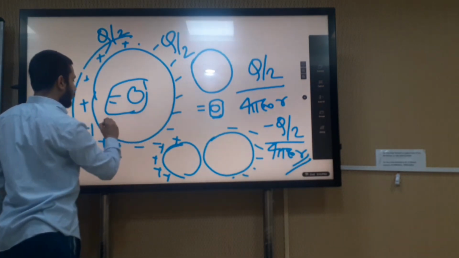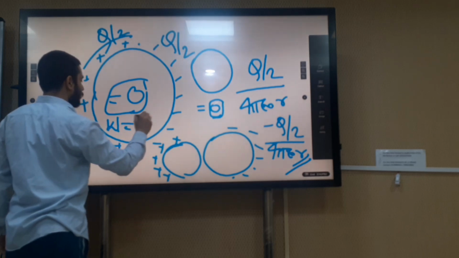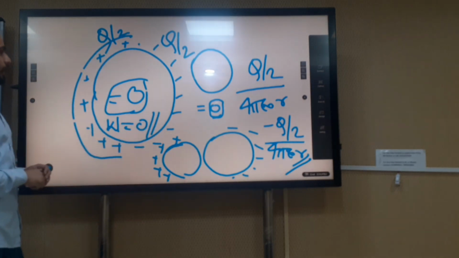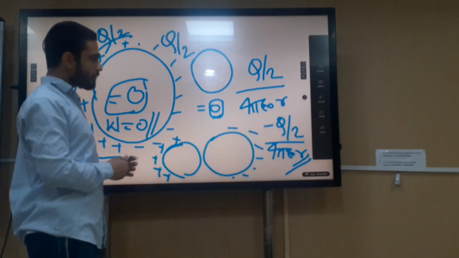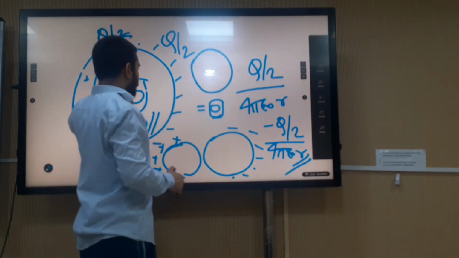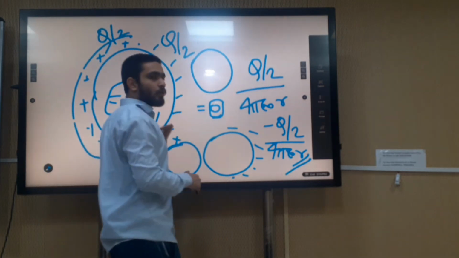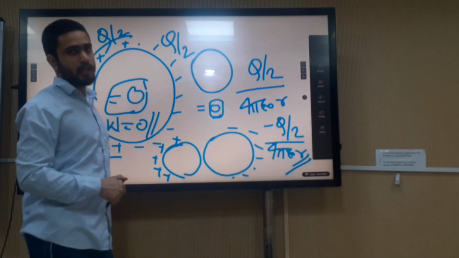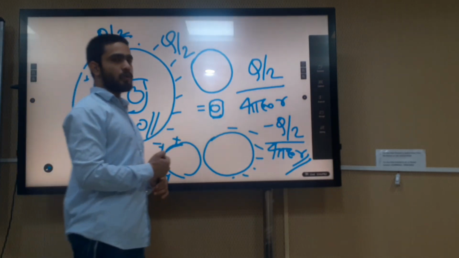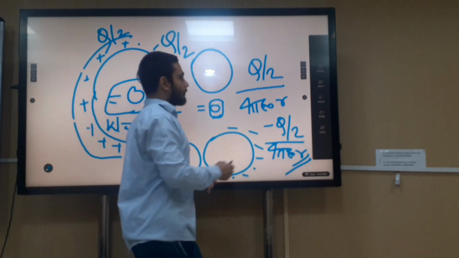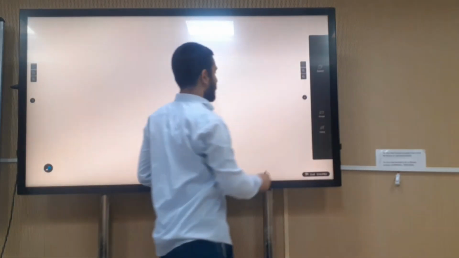So work done will be equal to 0. Okay, so like this we will tell what is the work done in forming this ring which is half of Q by 2 and another half of minus Q by 2. Okay, so the work done will be equal to 0 because the change in potential energy is 0. Okay, so like this we will tell. Okay, thank you.